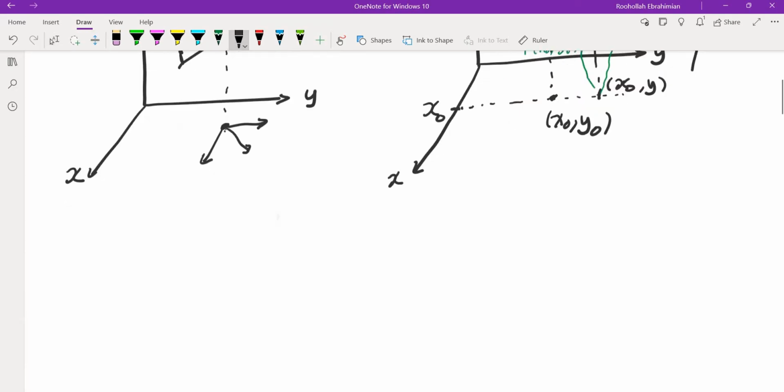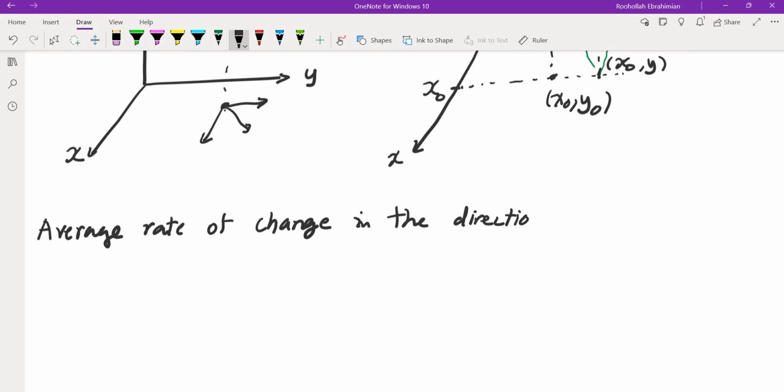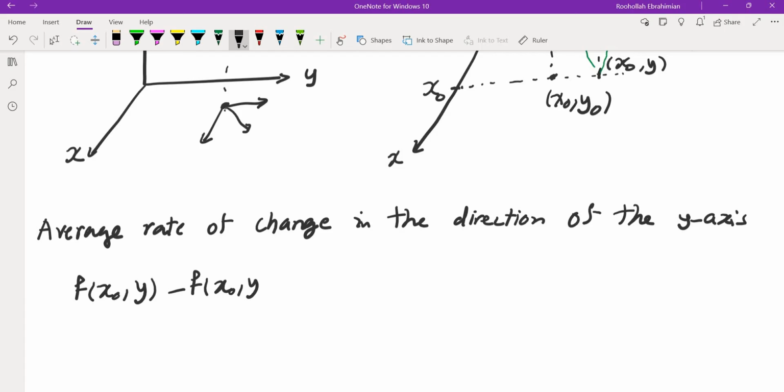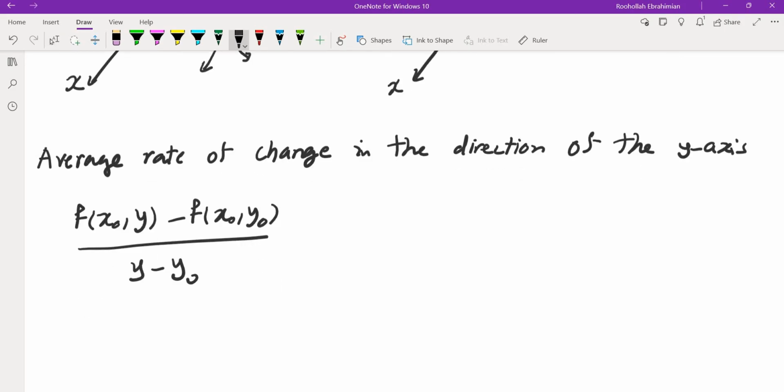So we are going to take the average rate of change in the direction of the y-axis. This would be rise, which is f of x naught comma y minus f of x naught comma y naught, over run, which is y minus y naught. So this is the average rate of change.